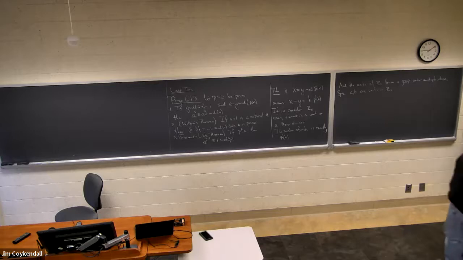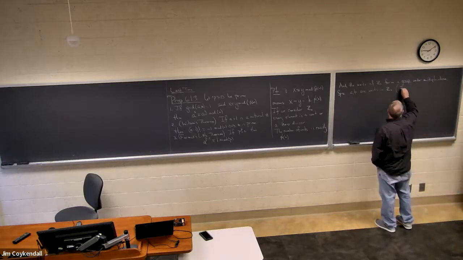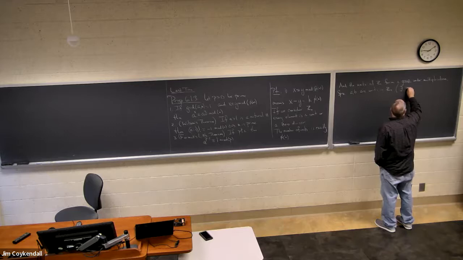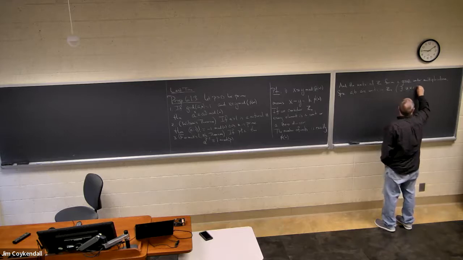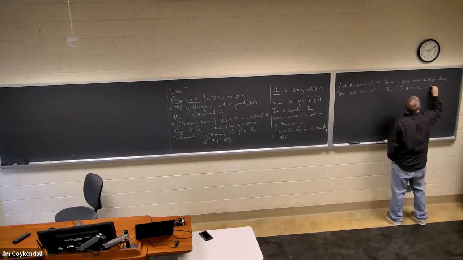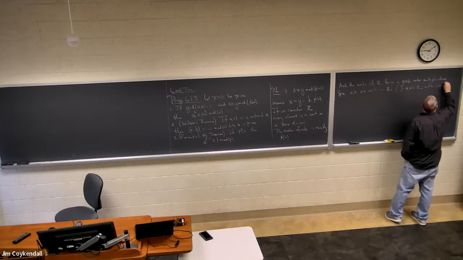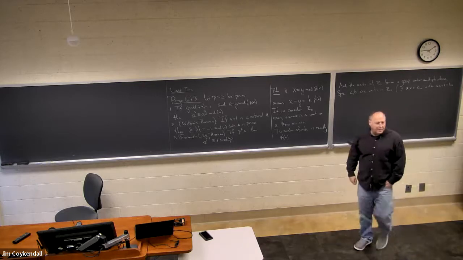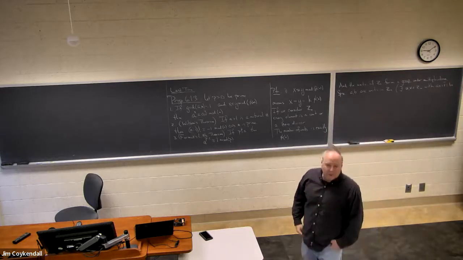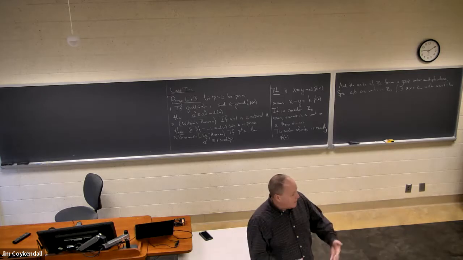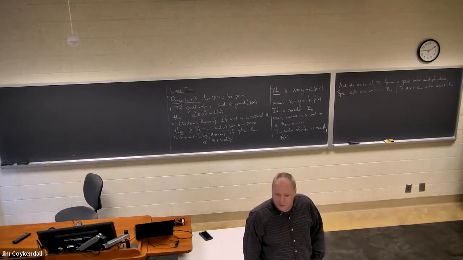It means there exist U and V in Zn with A times U is 1 bar and B times V is 1 bar, right? That's what it means to be a unit. You can multiply it by something, you get 1 bar. Everybody agree with that?